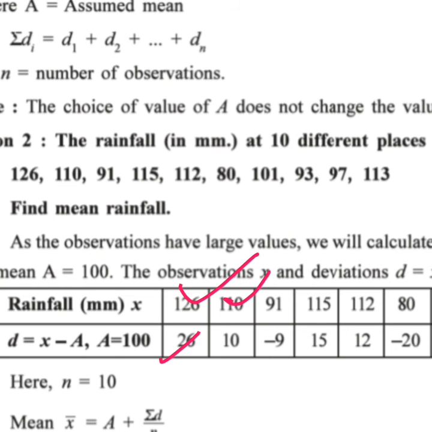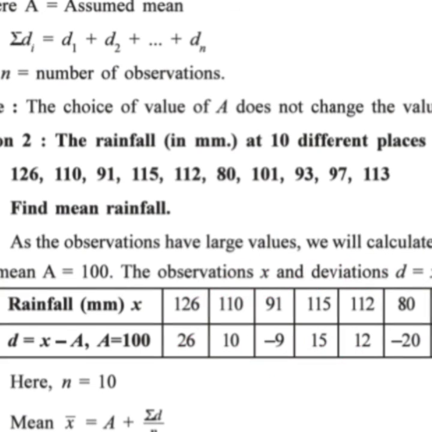Similarly 110 minus 100 is 10. 91 minus 100 will be minus 9. Then 115 minus 100 will be 15. 112 minus 100 will be 12.